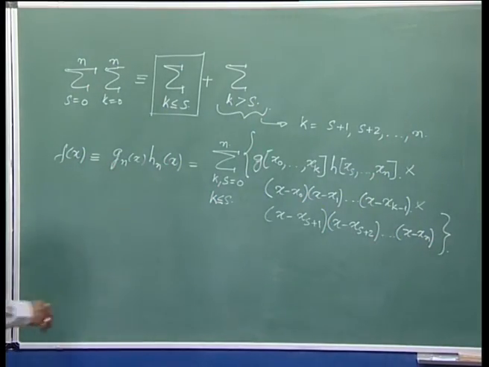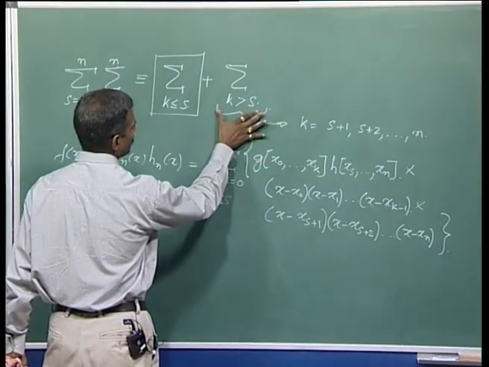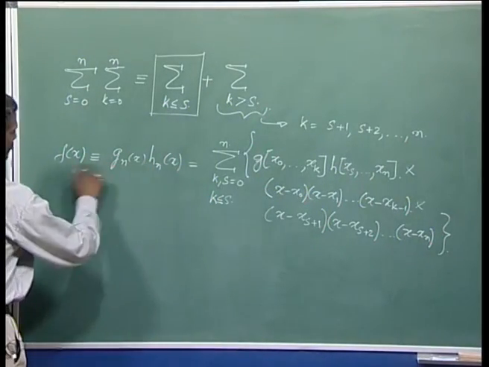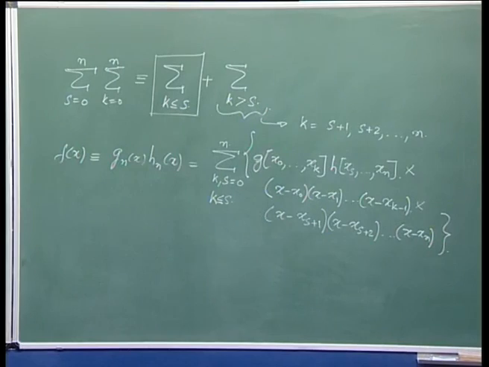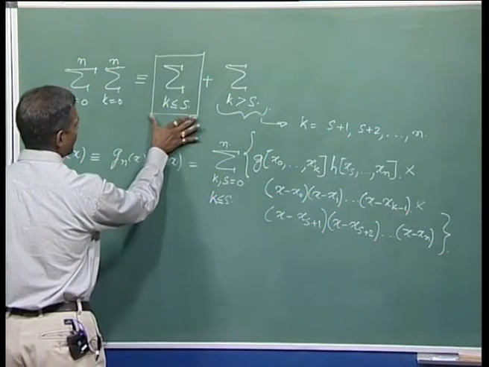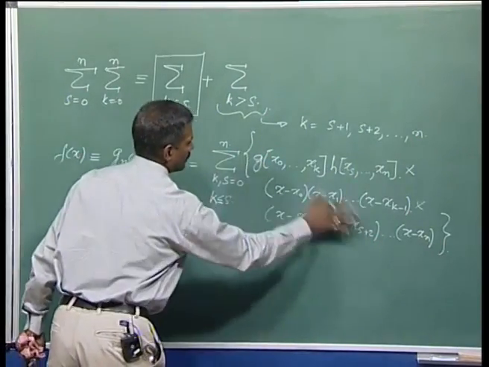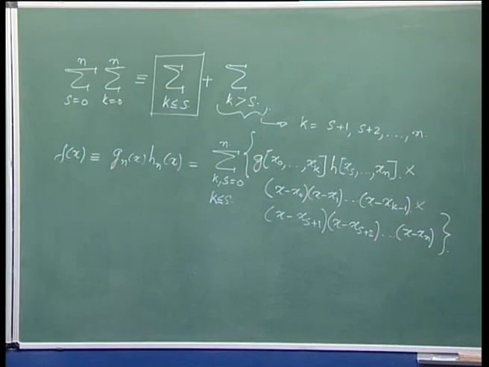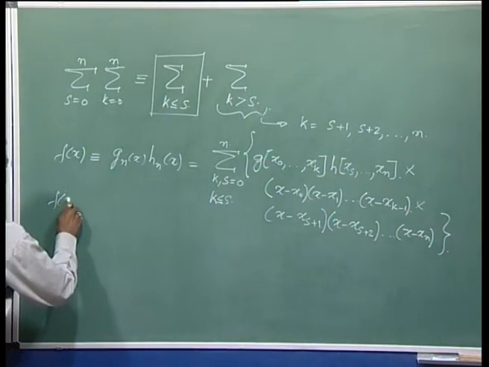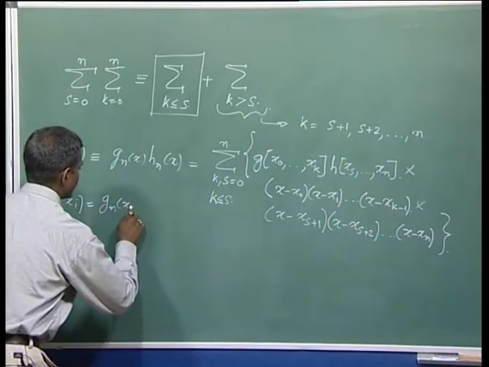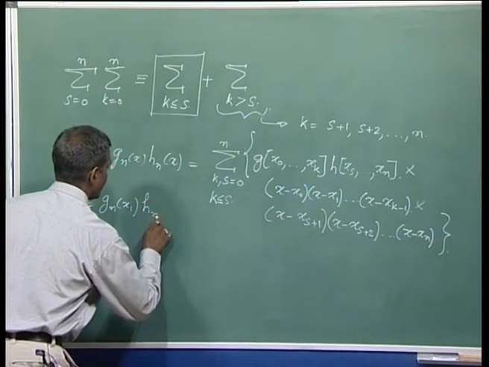Now, since this part in the summation does not contribute to this result, what it implies is that it has to be this part, or rather this expression here on the right hand side, that would contribute to f of xi equals gn of xi times hn of xi.